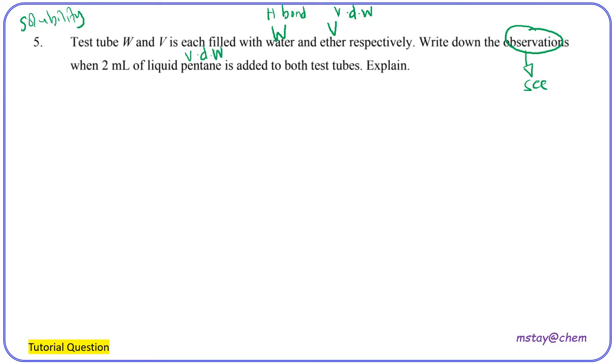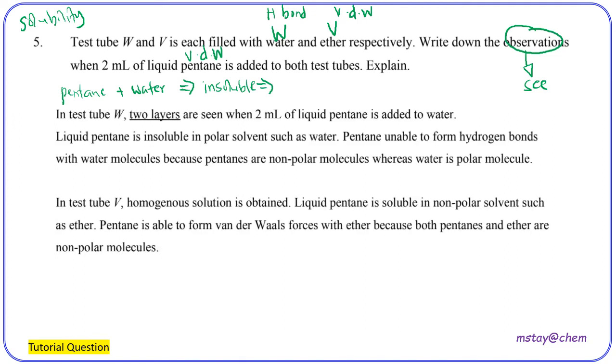When pentane is added to water, the intermolecular forces are different, so they are insoluble. So you will say that two layers are seen because they are insoluble. We say it is insoluble in polar solvents such as water, because it is unable to form hydrogen bonds with water.